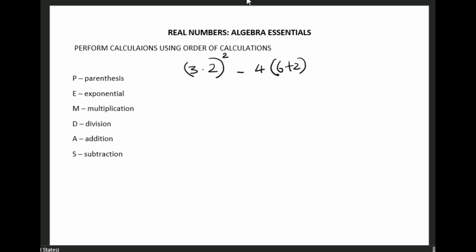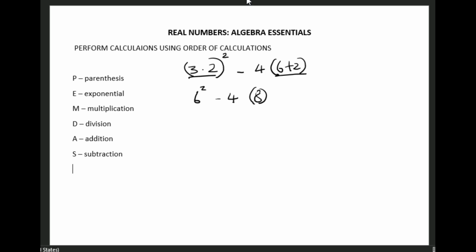So when we want to calculate this, we have to begin with parentheses, and parentheses are indicated here. So we start inside the brackets. 3 times 2 is 6, and then my square up minus 4, 6 plus 2 is 8.